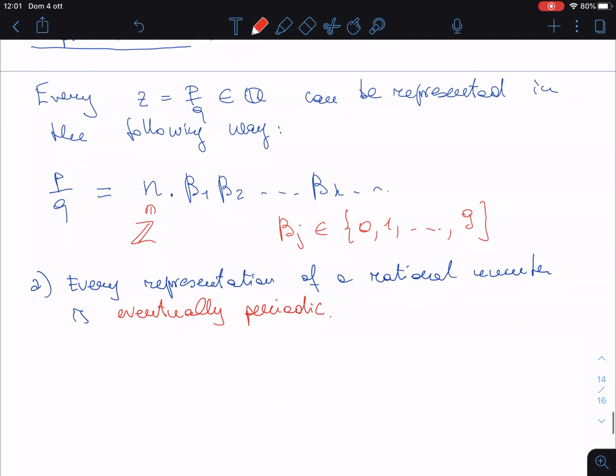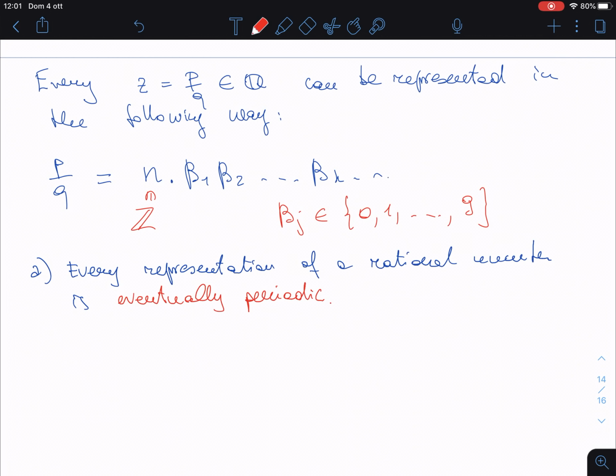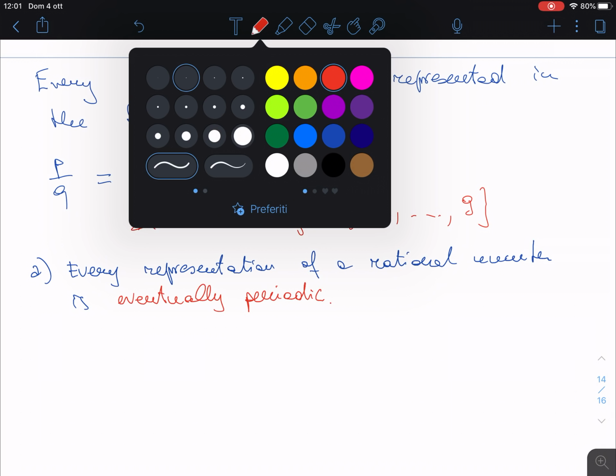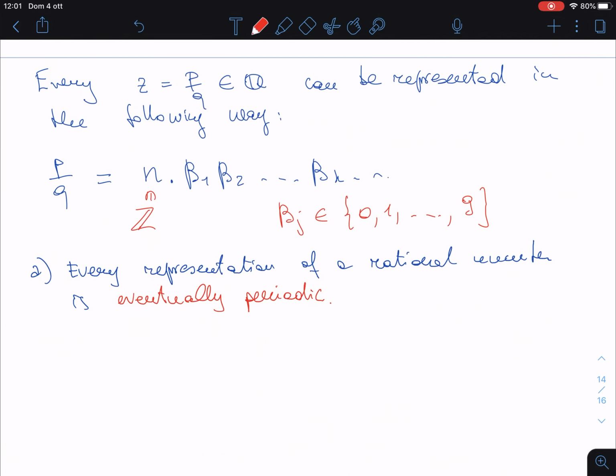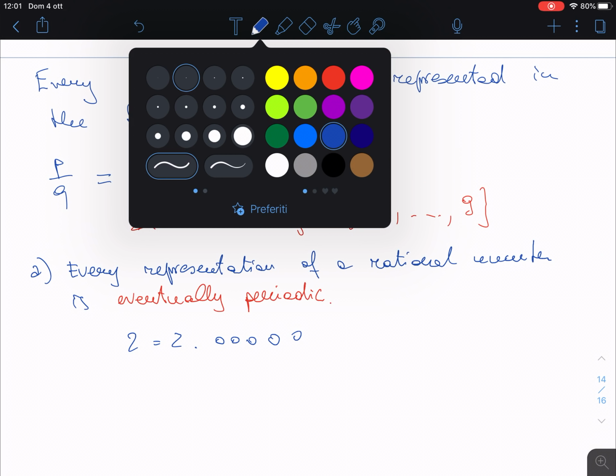This may seem to be strange, but it is not the case, because, for instance, if you have the number 2, which is rational, of course, 2 is equal to 2.0000, so 0 is periodic.